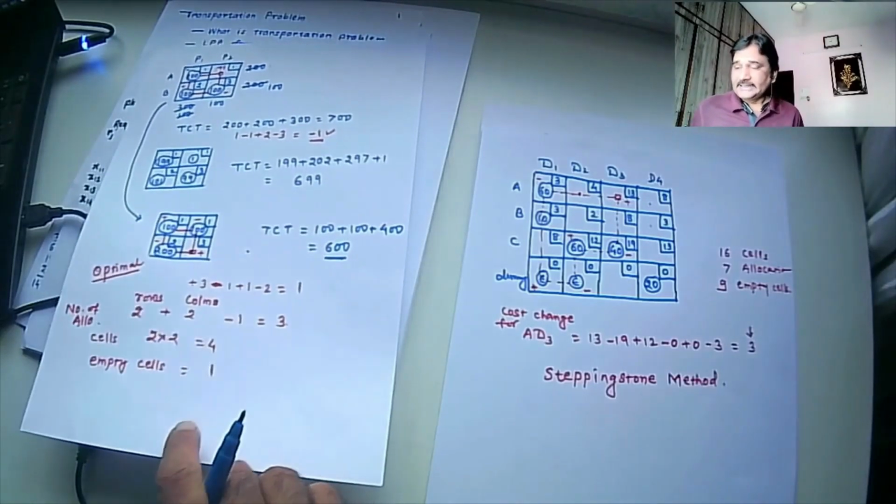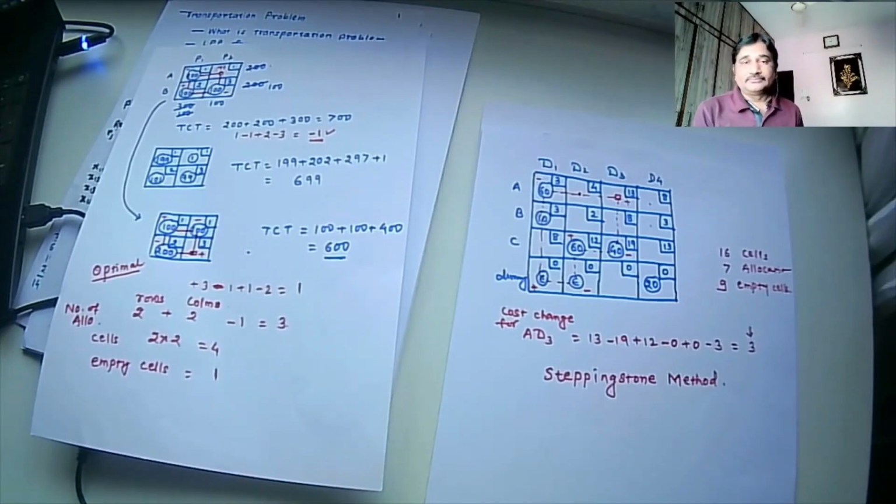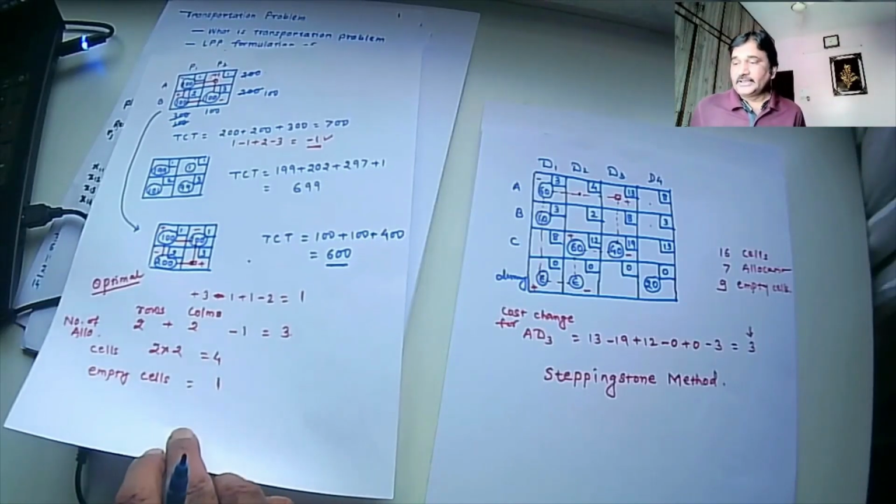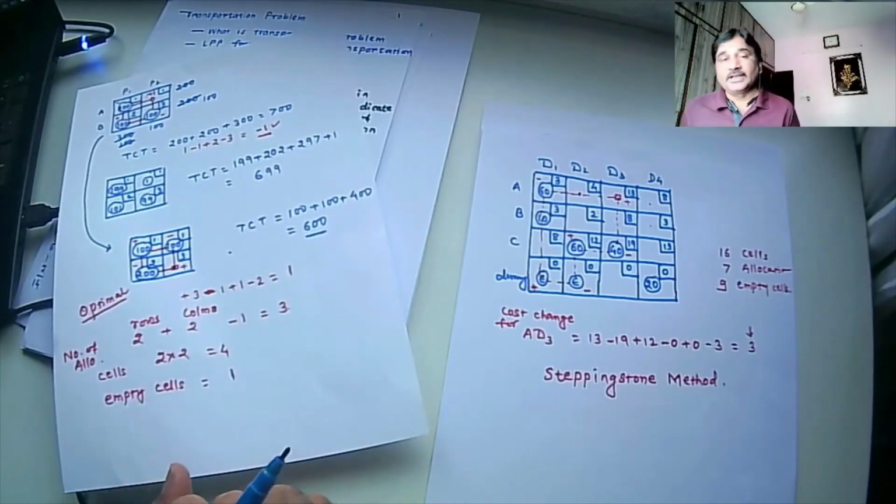Having seen that, we have seen in the previous lecture how to test whether the allocations done by using any of these three methods, after filling the gap between the number of allocations you have got and the number of allocations which should be there by epsilon, are optimal or not.